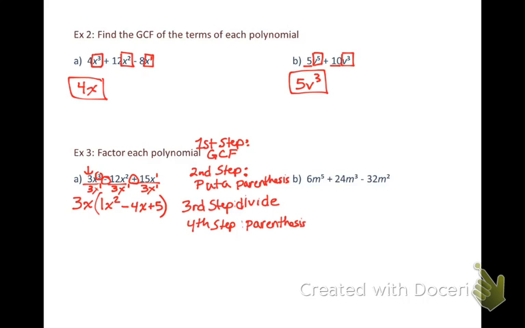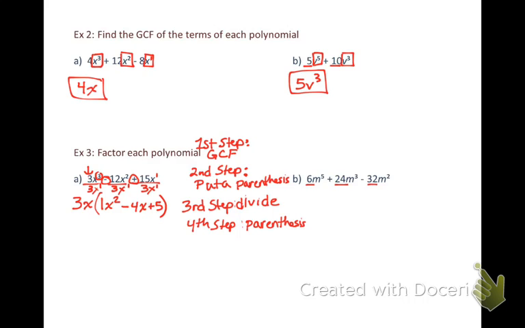All right. Let's try B. So I need to find a number that goes into 6, 24, and 32. Does 6 go into 32? I know it goes into 24, and I know it goes into 30, but it doesn't go into 32.